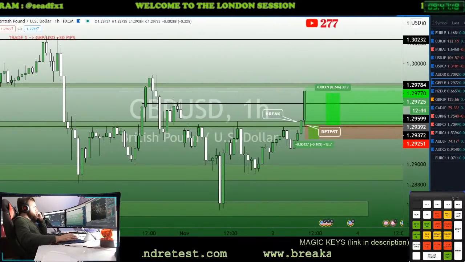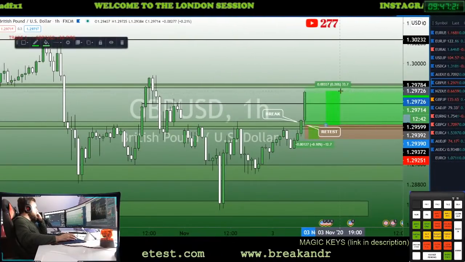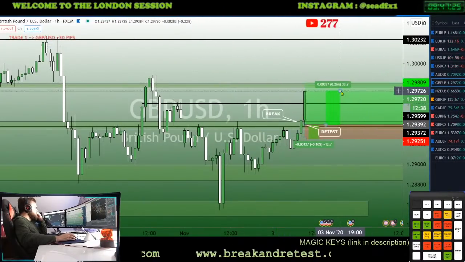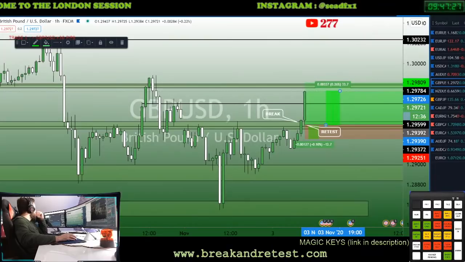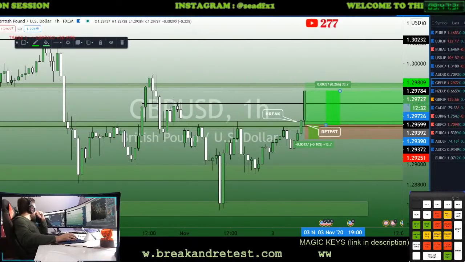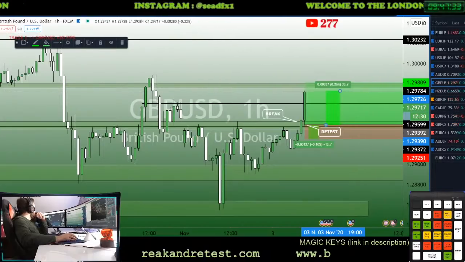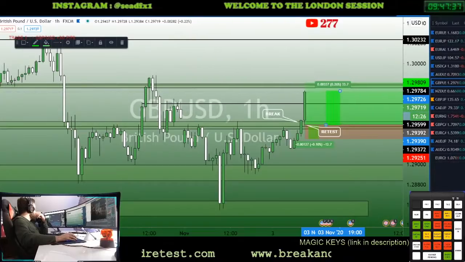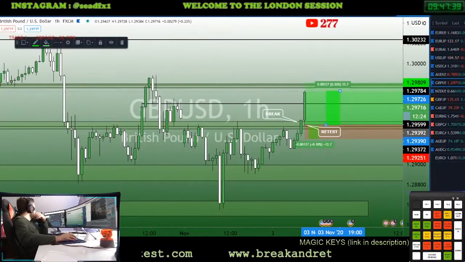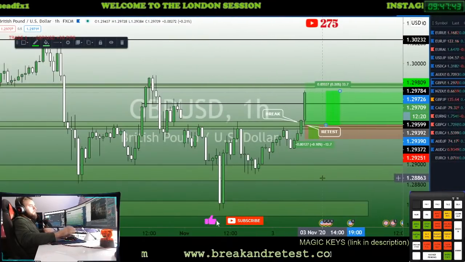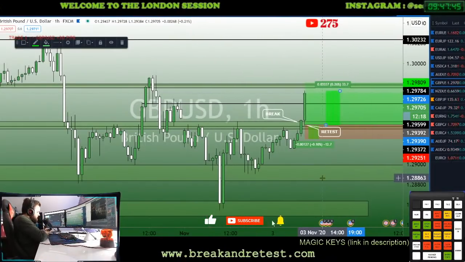Look at GU. GU is flying. God knows how far it is gonna go. John Wick, very nice. Very nice.